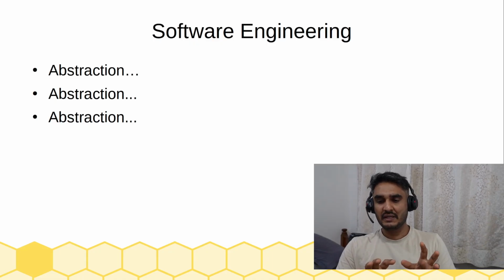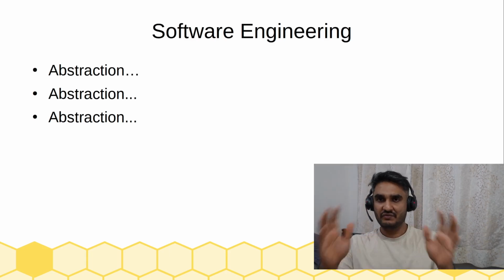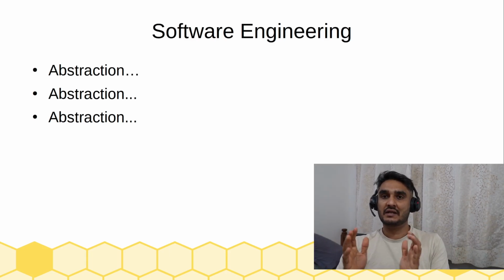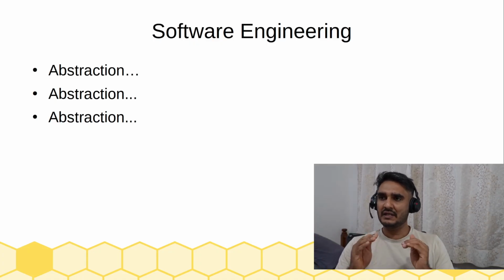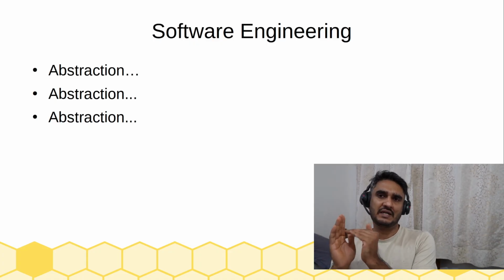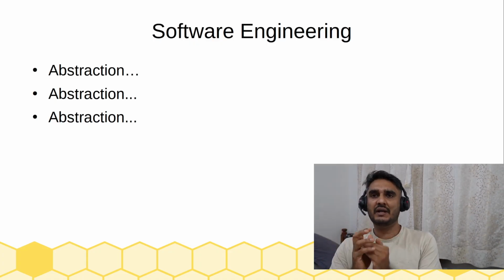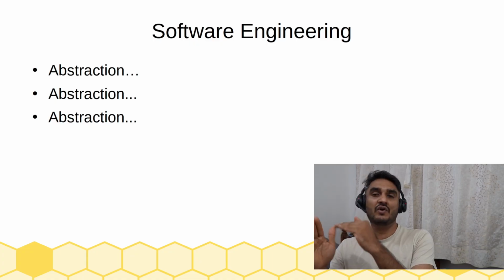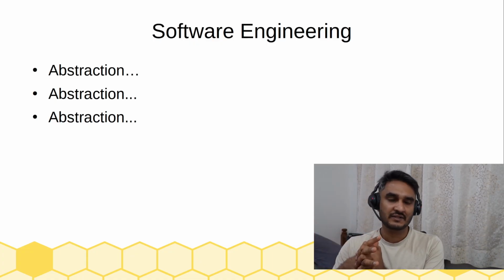So there will be components in software. Big software will be divided into small functional components, and each component will be taking care of that focused functionality. For example, a timer library knows how to set registers for the timer and how to configure the registers and things like that.